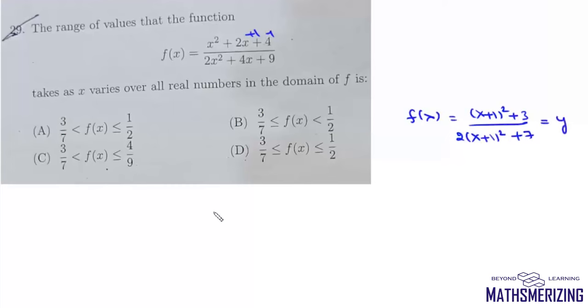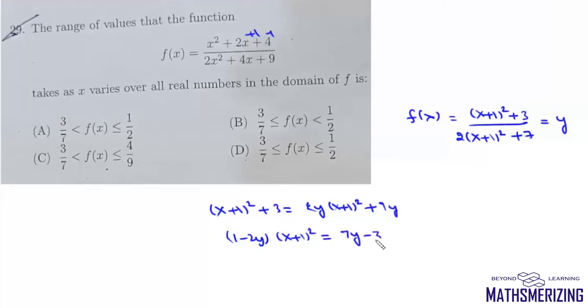Now we cross multiply, we can write (x plus 1) whole square plus 2, that is equal to 2y into (x plus 1) square plus 7y. Now we can rearrange this as (1 minus 2y) into (x plus 1) whole square, and it will be equal to 7y minus 3, or it is (x plus 1) whole square equals (7y minus 3) upon (1 minus 2y).